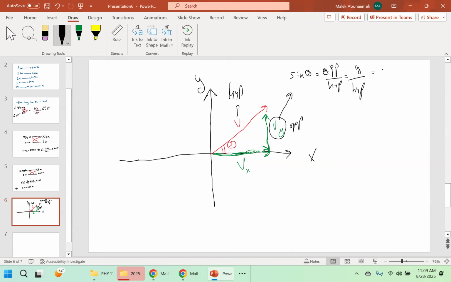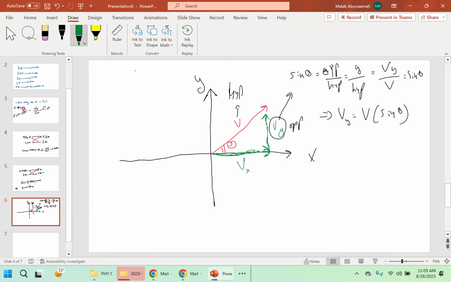We are talking about Vy over V. Again, it's going to equal sine of the angle, which means that this vector in the y direction is going to equal your vector V times sine theta.